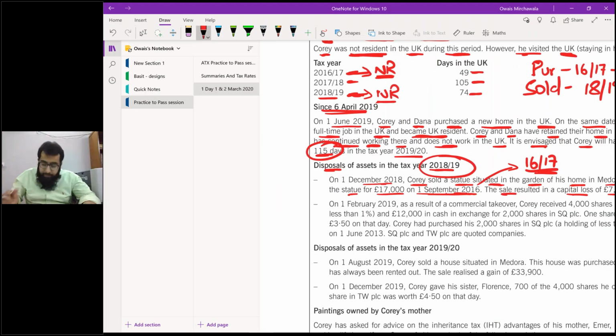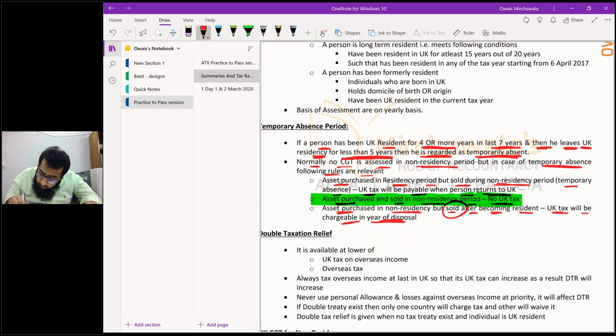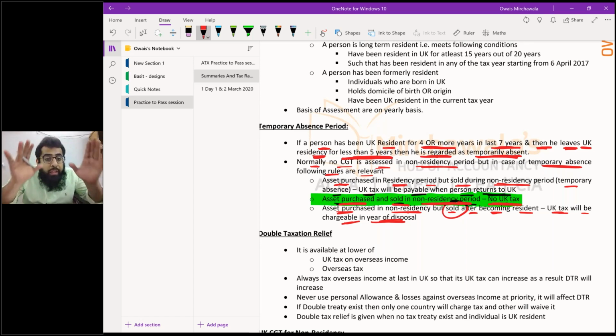What are the rules? Asset purchased and sold in non-residency period, no UK tax.